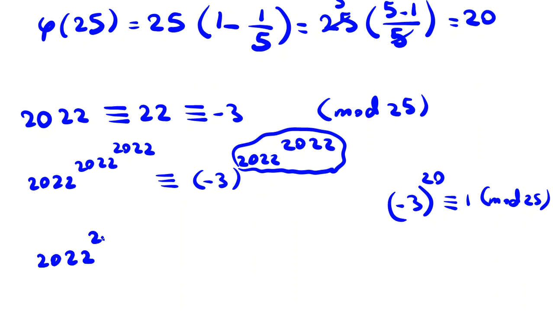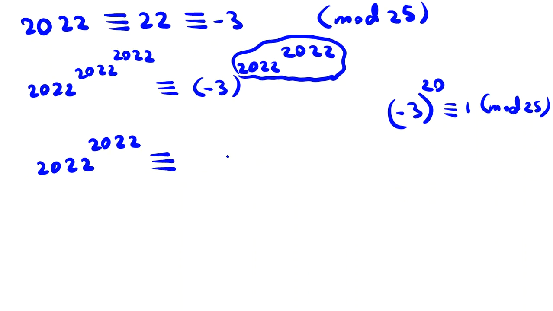So 2022 to the power of 2022 mod 20, which is equal to 2 to the power of 2022. And if we want to find this number, again we change 20 to 4 and 5.